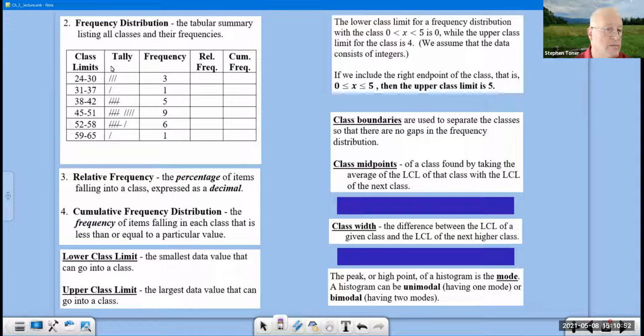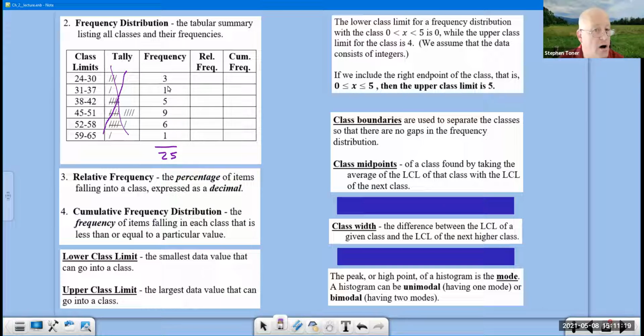So I would basically pretend that these tallies are no longer there in the second column. Now, I like to add up how many data values we have, and we have 3 plus 1, which is 4, plus 5 is 9, plus another 9 is 18, plus 6 is 24, plus 1, we have 25 data values in this frequency table.